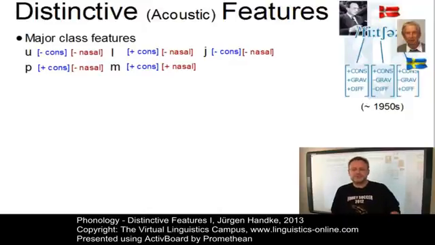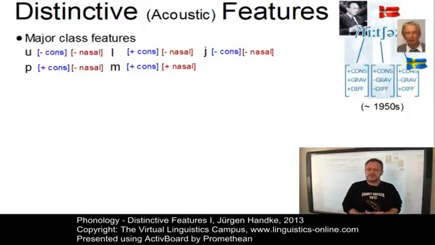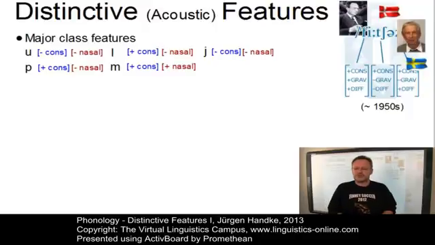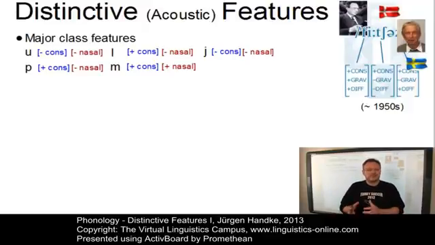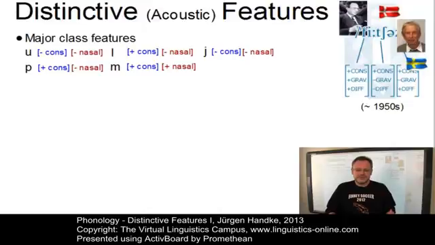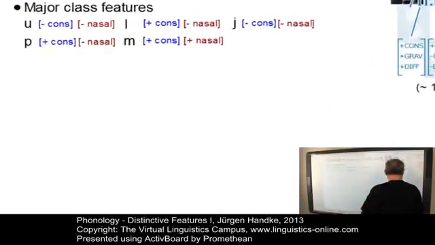Jakobson introduced the features consonantal and nasal. Later, as we will see, further features were added. So in Jakobson's approach, all vowels were assigned the major class feature minus consonantal. To account for the parameters tongue height, tongue position, and lip rounding, additional features based on acoustic measurements came in.